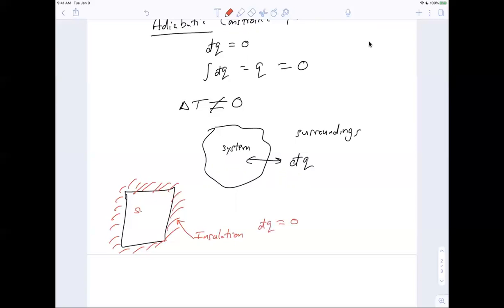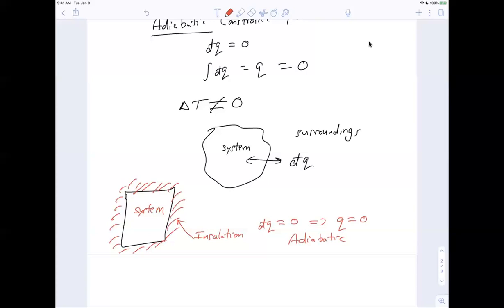So let's say our system is enclosed in this container. This also means that Q for any process is going to be 0 because we have insulation, and so it's adiabatic.